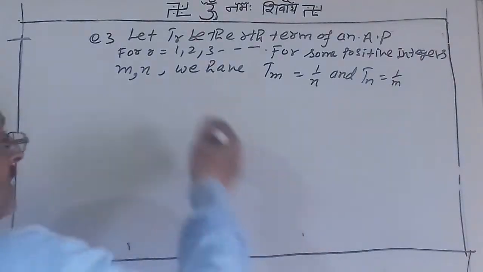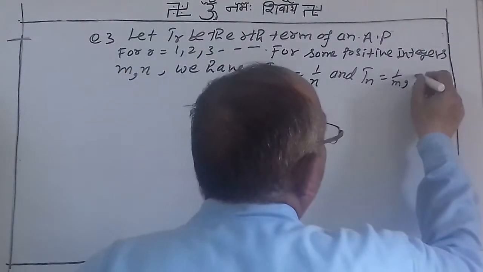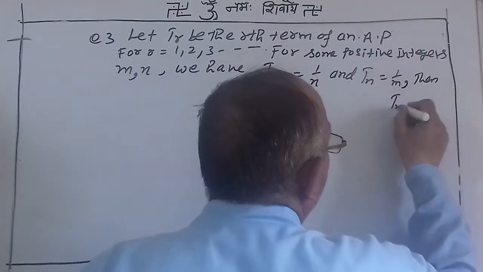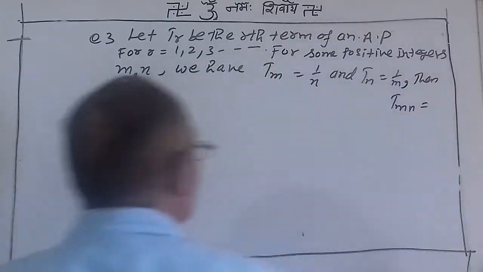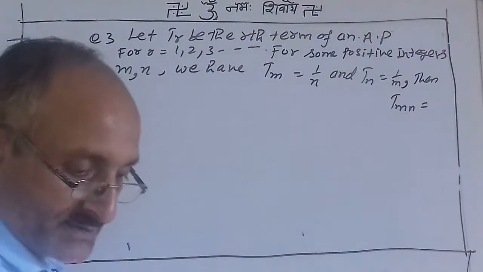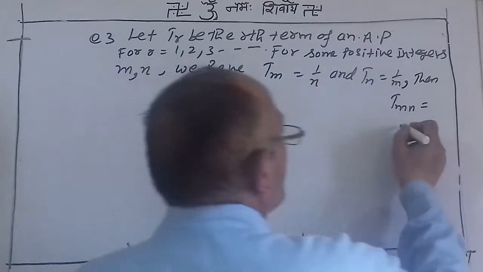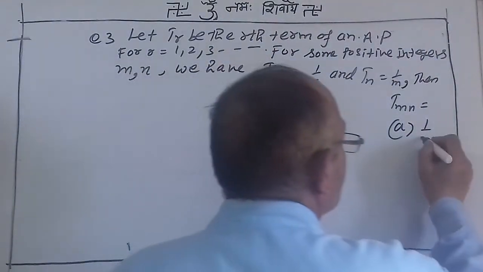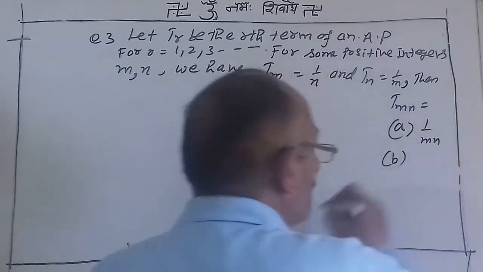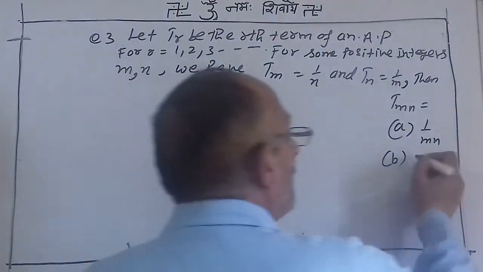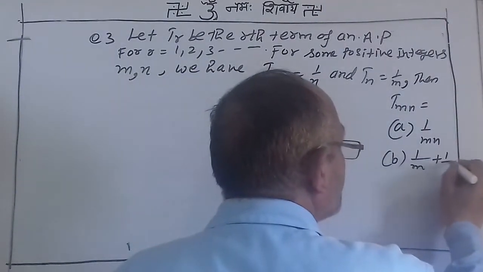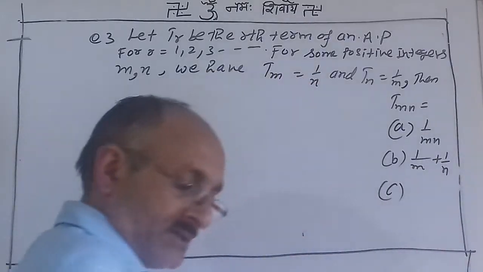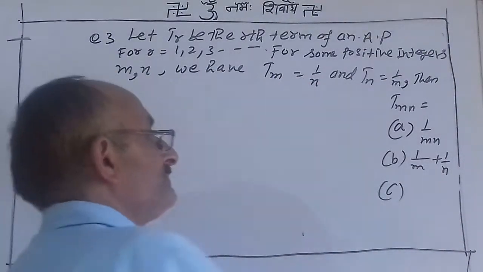Then Tmn is equal to, in this there are 4 options. Number 1, 1 upon mn. Number 2, 1 upon m plus n. Number 3, 1 and 0.